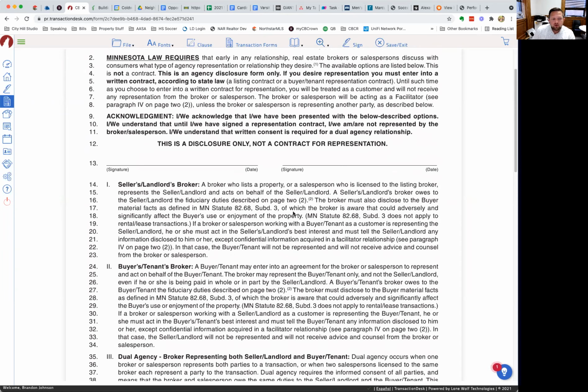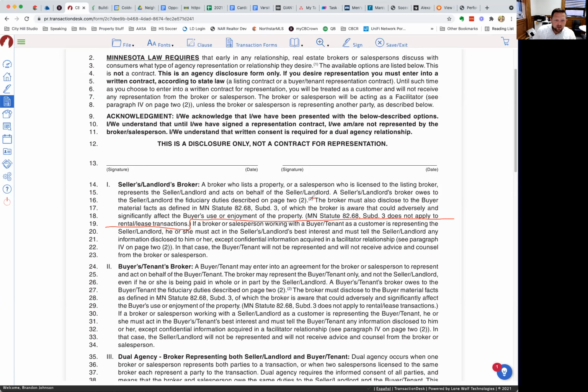We talked through the seller broker or the buyer's tenant relationship. We also talked through how these are commonly put into two sections. Each one talks about the dual agency component, what happens if the broker is working with somebody in that other section.